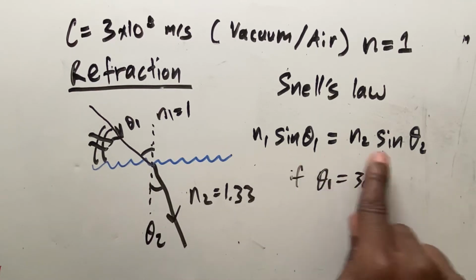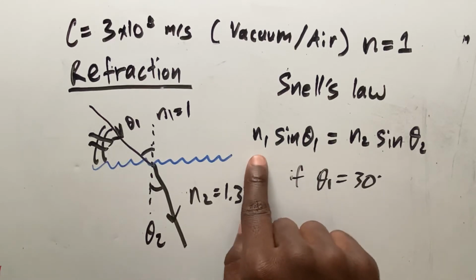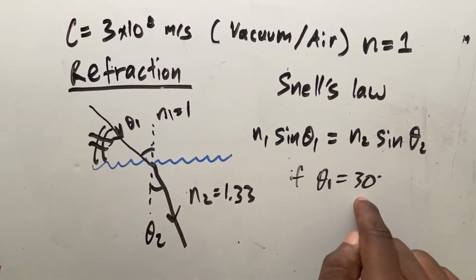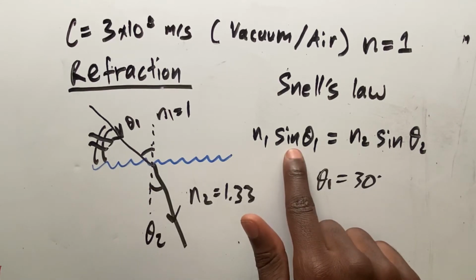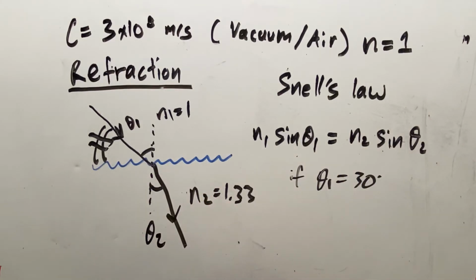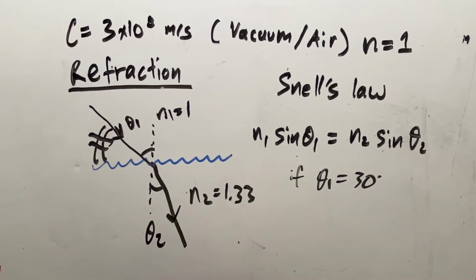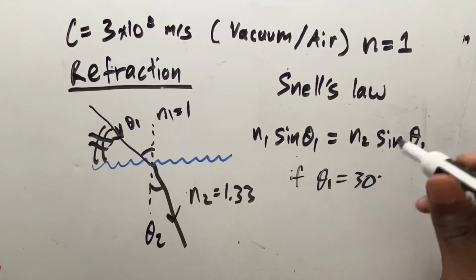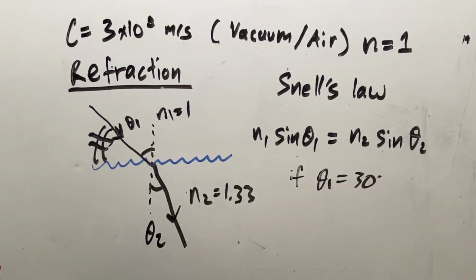Well, using Snell's law, N1 is just 1, sine of 30. We can figure out what that is by putting it in our calculator. N2 is 1.33, and we're trying to find this theta 2. So first, let's find sine theta 2.